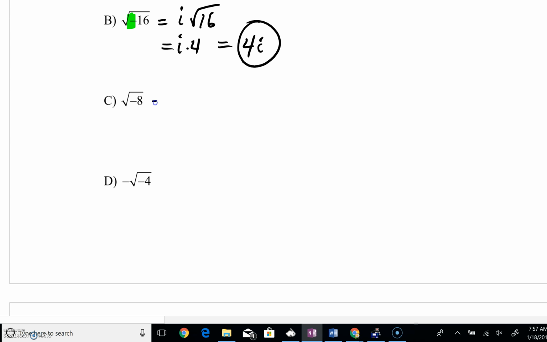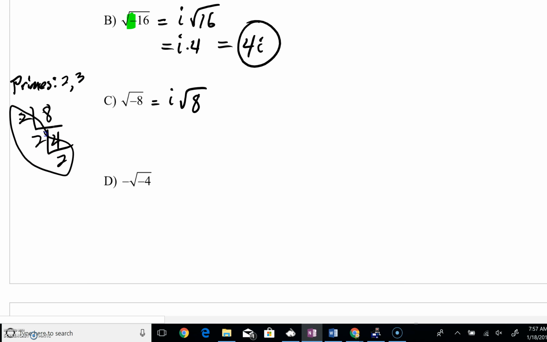Now is where it's going to get to be a little bit more complicated. You do take out your i, but let's be honest, this is where you have to do some review. The square root of 8 can be simplified. So make yourself a little division tree and ask yourself which primes we can divide out. A 2 for sure. 8 divided by 2 is a 4. Try a 2 again. 4 divided by 2 is 2. Look at that. I've got 3 2s all multiplied in a row.